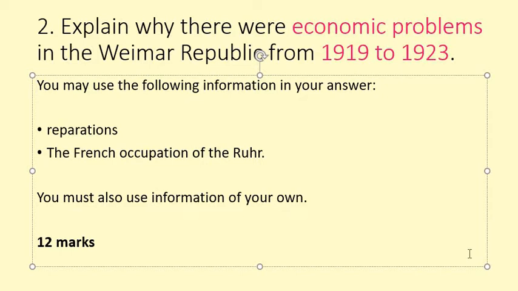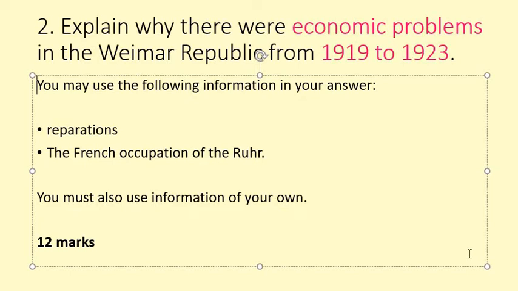Now we can see that with this style exam question, we are given two helpful bullet points to guide us with examples that we can use in our answer. And it also tells you that you must include something of your own as well. So for example, you might use the point around your mind map to do with the Weimar government printing more money, or you might refer to hyperinflation, for example.